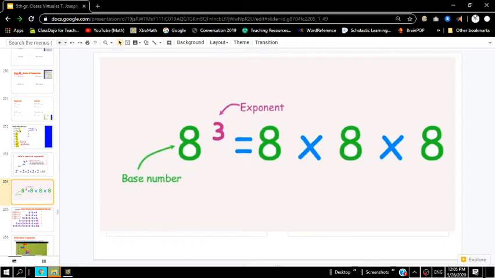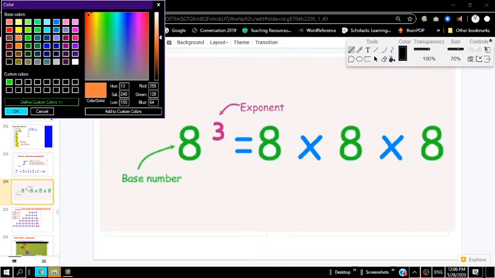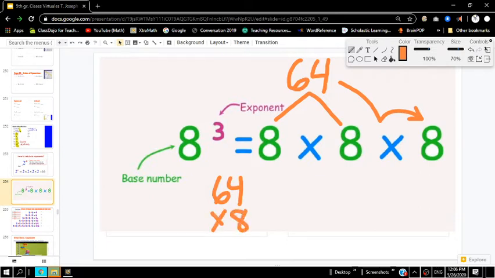8 times 8 is 64, right? And then we just take 64 times 8 one more time. 64 times 8: 8 times 4 is 32, and 6 times 8 is 48, plus 3 is 51.